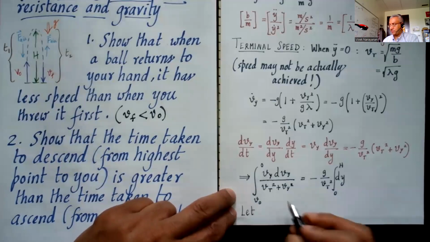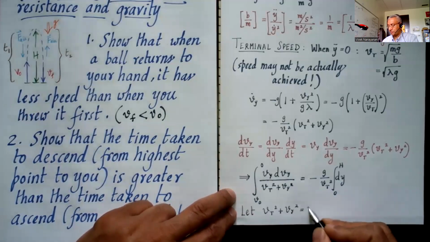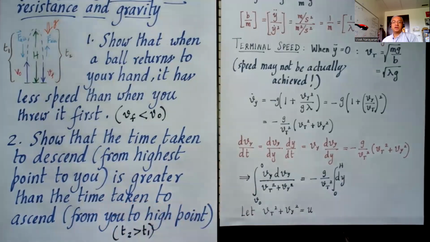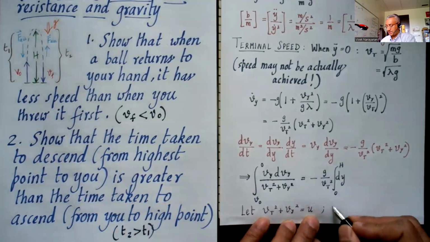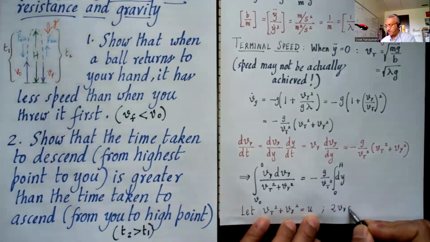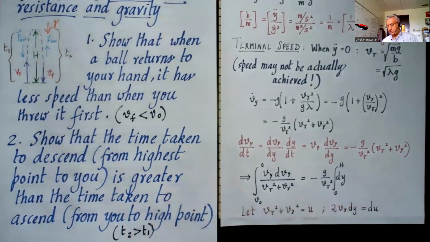So what we can do is let vt squared plus vy squared be equal to u. Then, if I differentiate both sides, vt is a constant. So that gives me 2vy dvy is equal to du. What I will do is not mess with the limits.